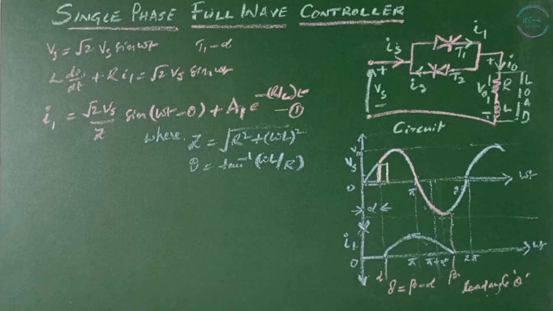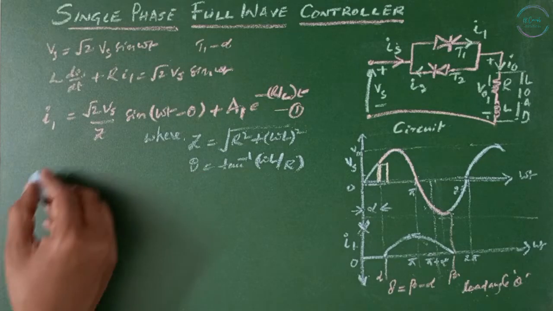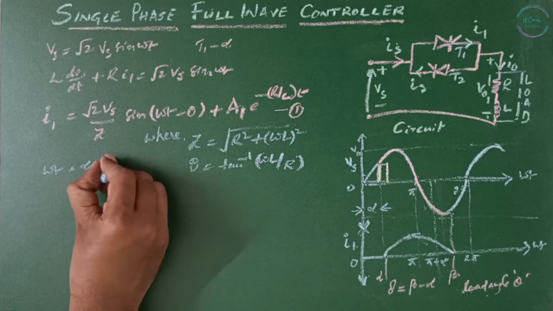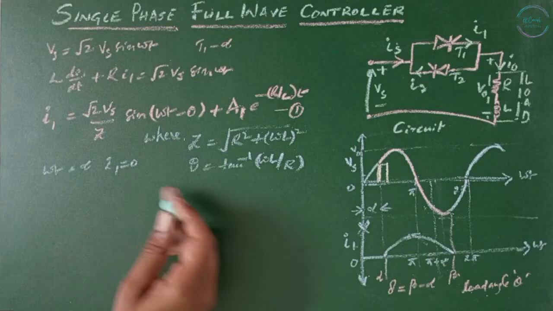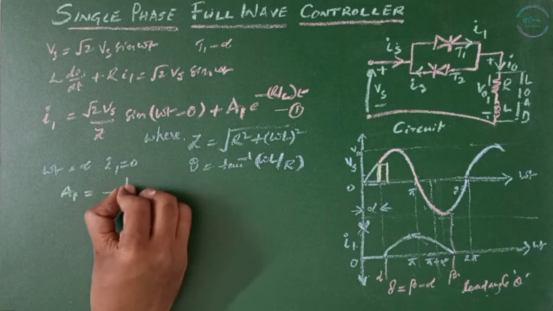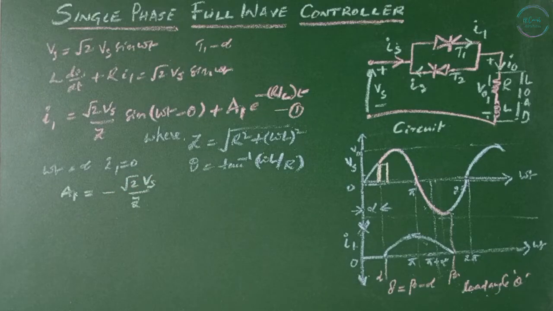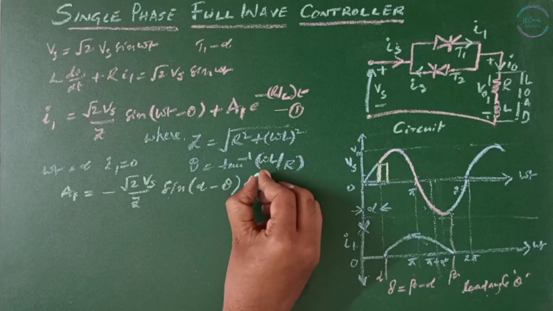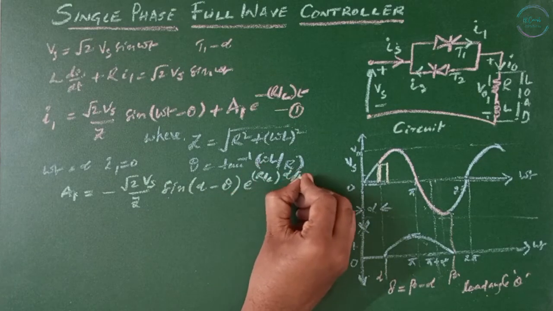The constant A1 can be determined from the initial condition that at omega t equals alpha, I1 equals 0. If you substitute that in the above equation, you get A1 equals minus root 2 Vs divided by Z sine of alpha minus theta, multiplied by e to the power of R L alpha by omega.